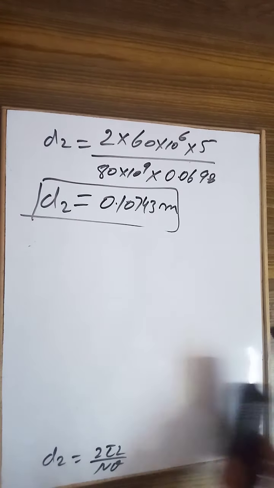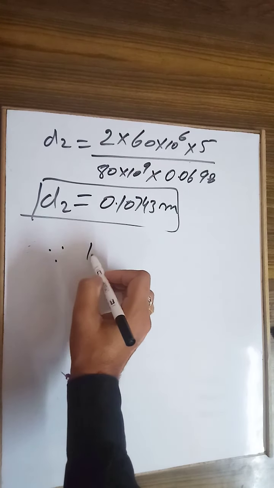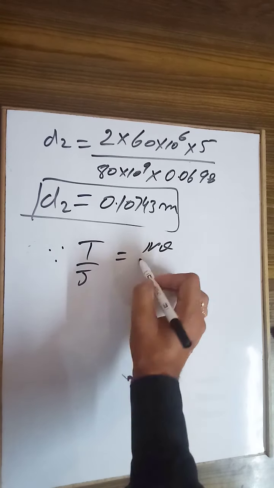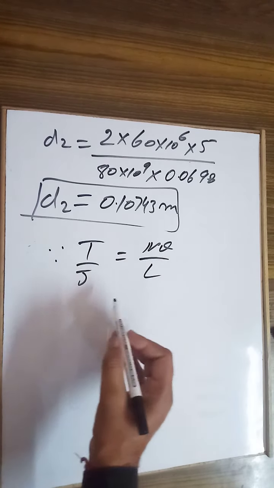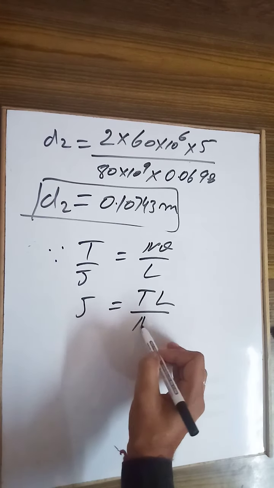And we know that T over J is equal to N theta upon L. So J is equal to T L upon N theta.